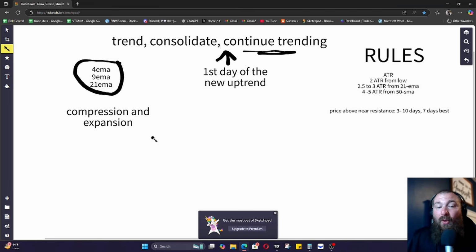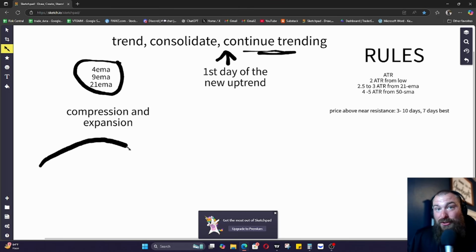I use the 4, 9, and 21 EMA. You'll see on my charts very clearly what I'm looking for when I am doing entries based on the expansion of EMAs. What that looks like is you have three EMAs. You have a 4 EMA, which is typically going to trend higher.